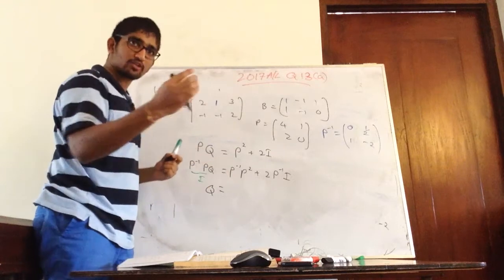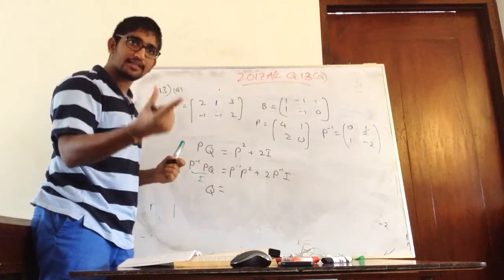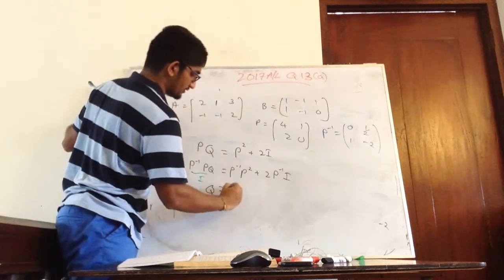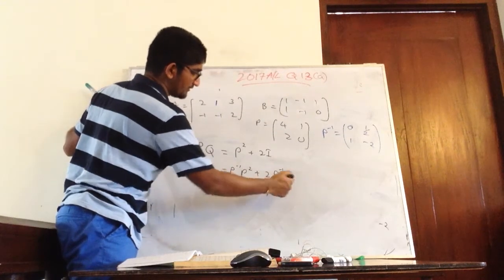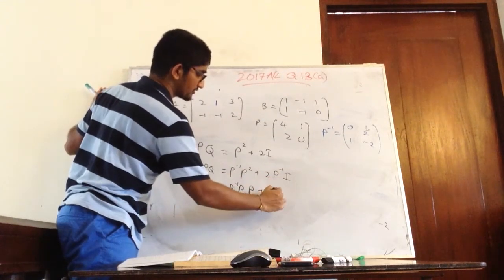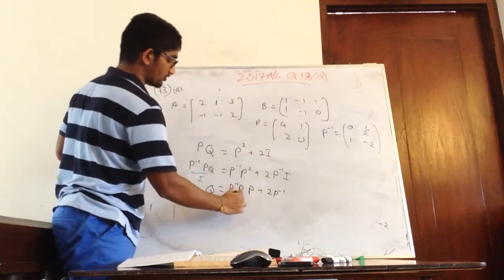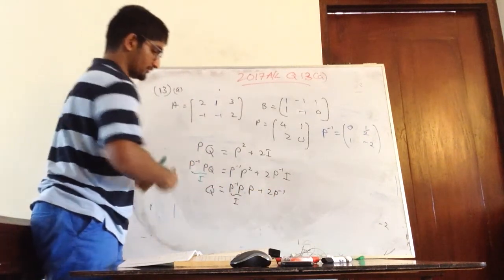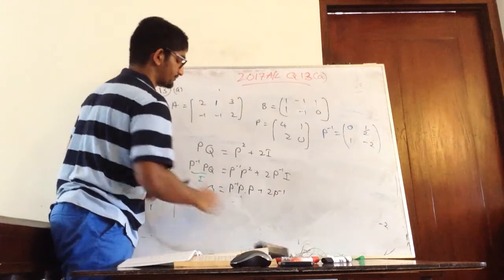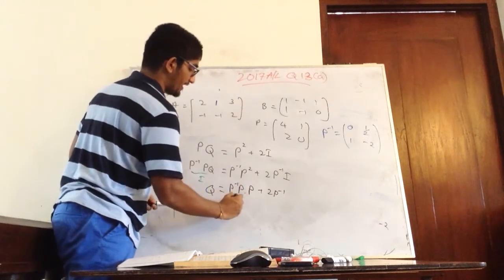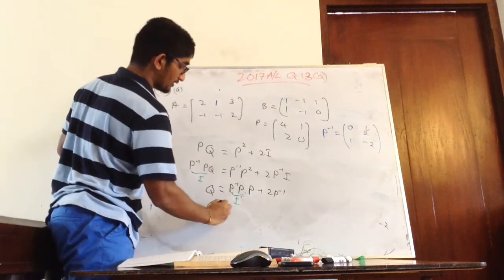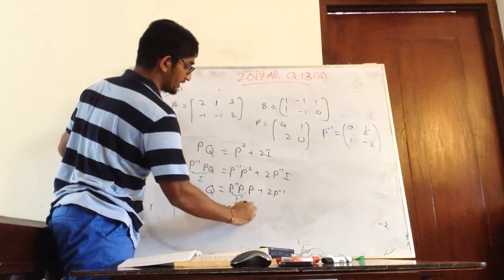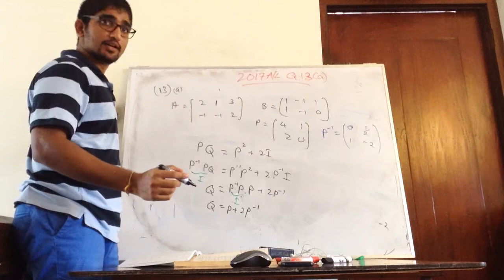So P inverse P is going to be I. So P inverse P into P plus, so P inverse I is going to be P inverse. So this is also going to be I. So basically Q is going to be P plus 2P inverse. Correct now?